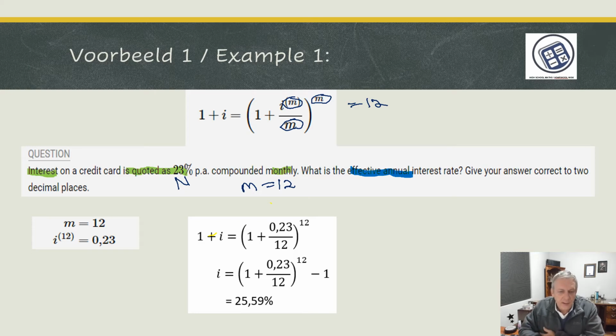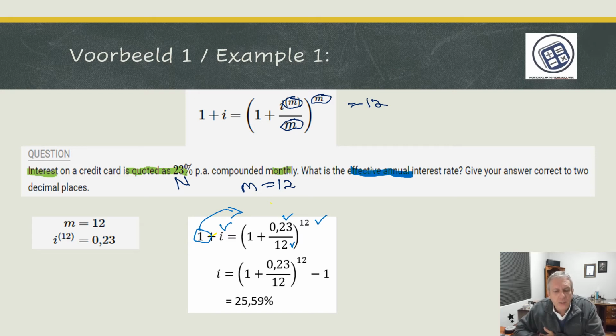We see that this is the effective rate that we need to work out. So we're going to put in the 0.23 and the 12 for monthly, or per month, and 12 times a year. And then we just take the 1 over to the other side, and we find our i as 25.59% effective.